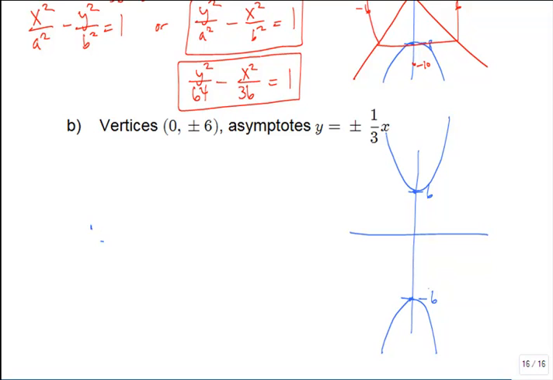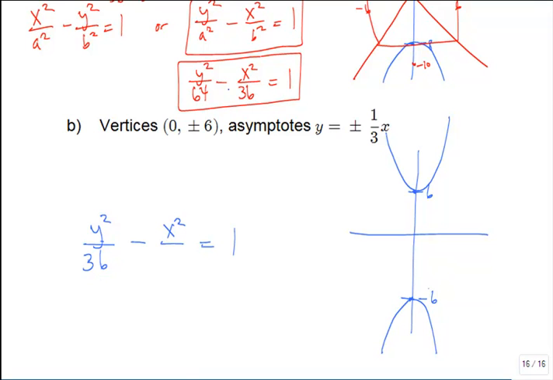And that means I have to have the y squared term coming first minus the x squared term. And I even know what needs to go under that y squared, because that's exactly what your vertices give you. If the vertex is at 6, then 6 squared is 36, and that is what has to be under that y squared.